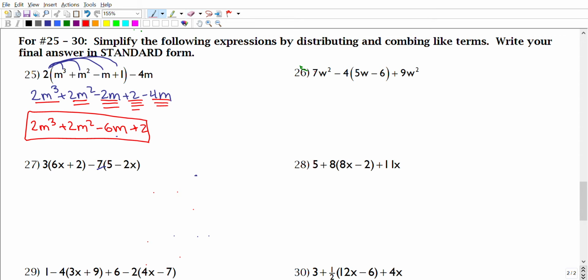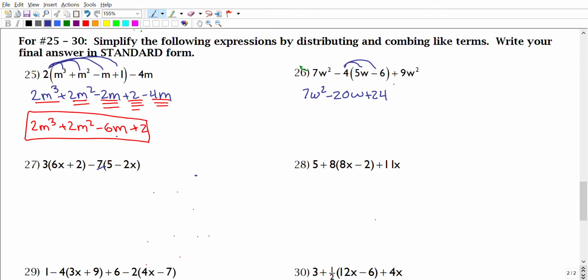So right off the bat, I see that this 7w squared doesn't have to distribute with anything, so I'm going to go ahead and rewrite it. But this -4 does distribute, so -4 times 5 is a -20w. -4 times -6 is a positive 24.